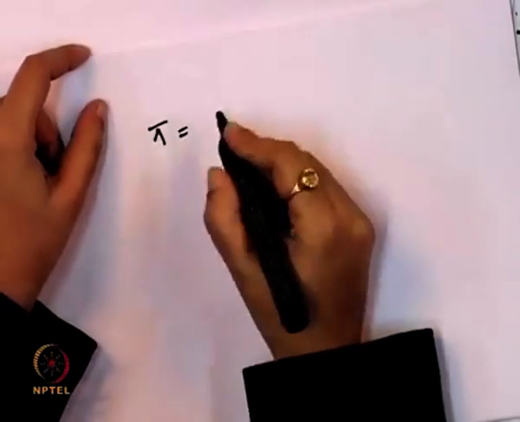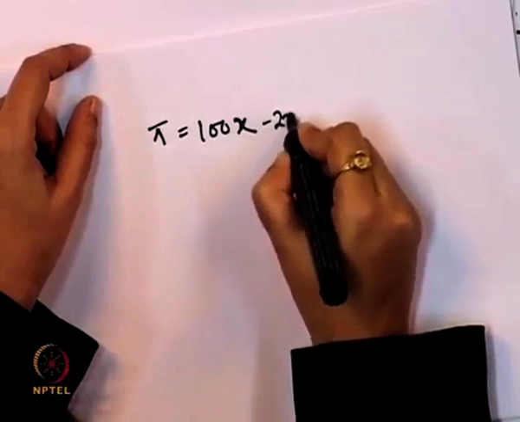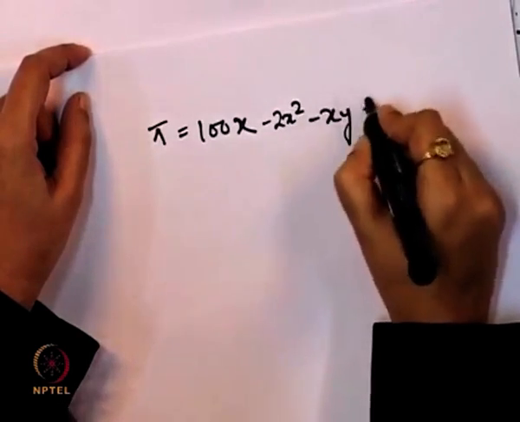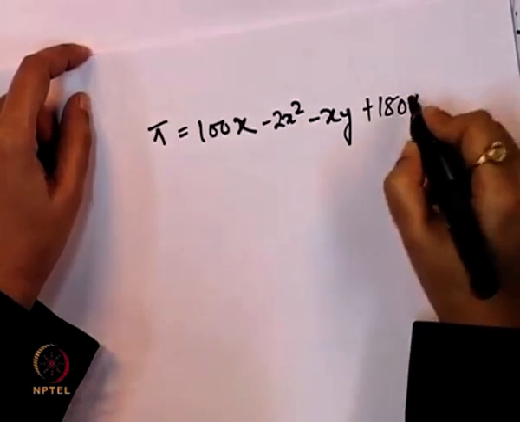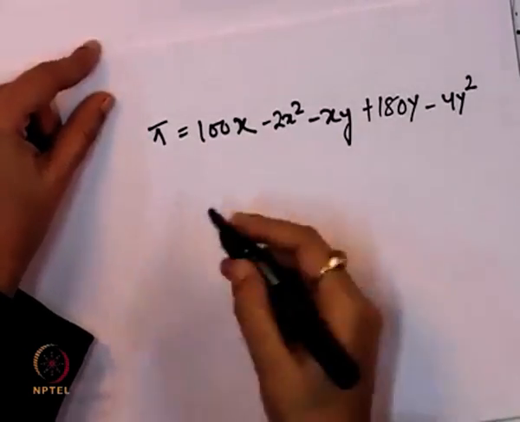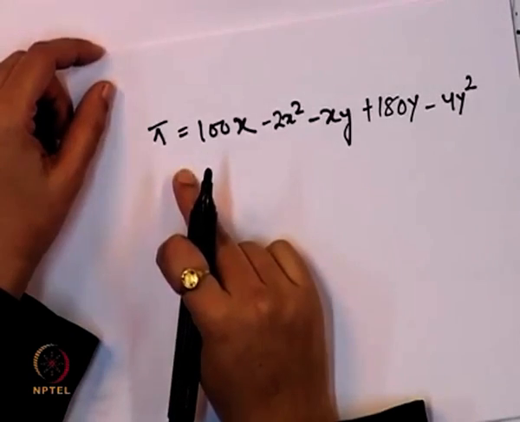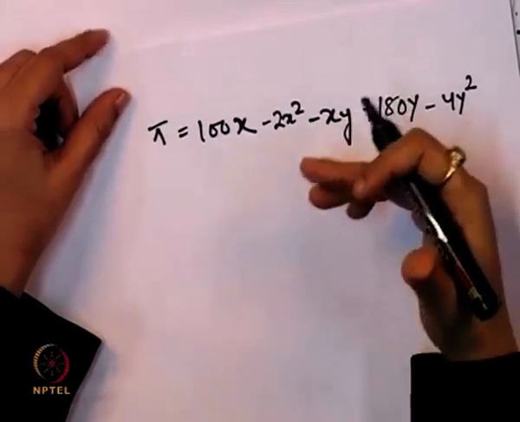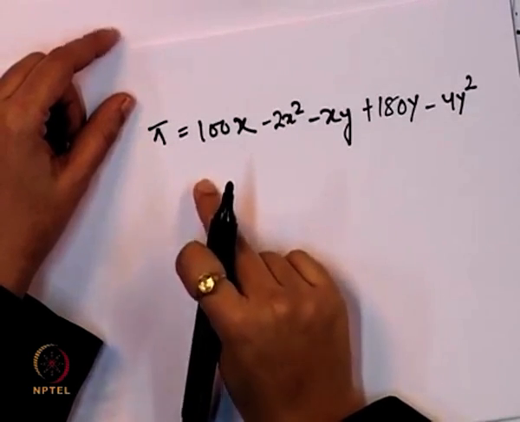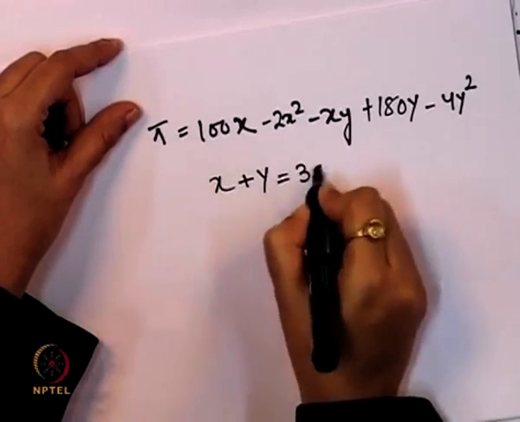Here profit is equal to 100x minus 2x squared minus xy plus 180y minus 4y squared. This is the profit function. Since this is a case of constrained optimization, there is also a constraint attached, in the form of x plus y equal to 30.